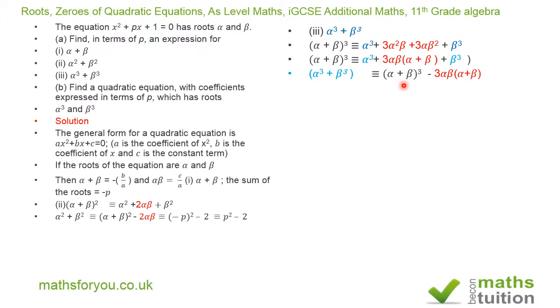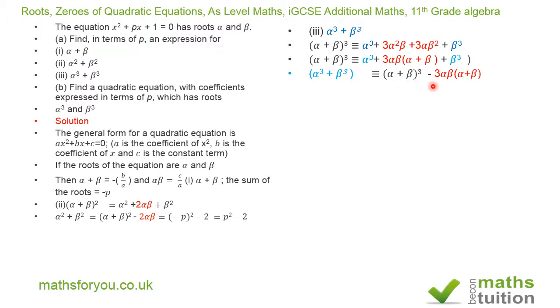Okay, now alpha plus beta we know is minus p from section 1. And alpha beta is just 1, and again alpha plus beta is minus p.